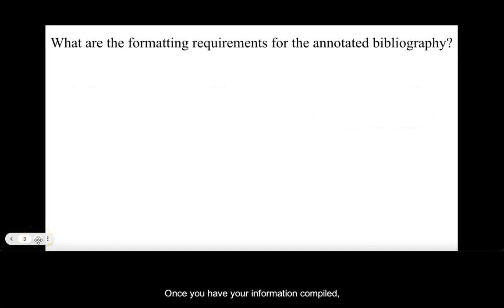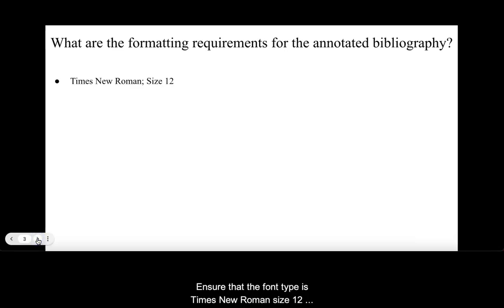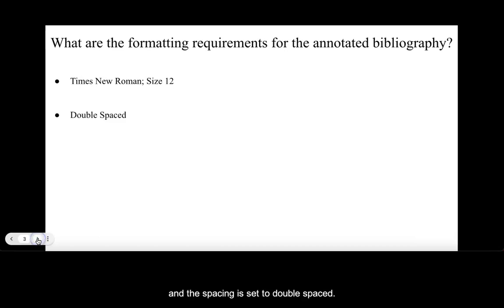Once you have your information compiled, it is time to format your annotated bibliography. For a more in-depth review of MLA formatting in Google Docs, please refer to my video, MLA Formatting in Google Docs. Write the standard MLA header at the top of the document. Ensure that the font type is Times New Roman, size 12, and the spacing is set to double spaced.